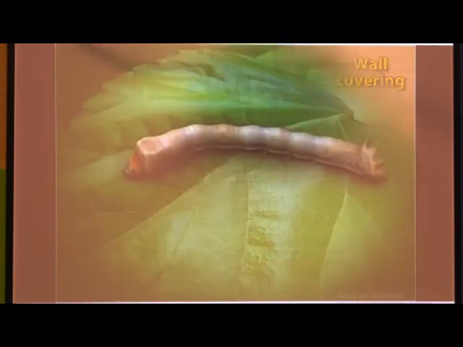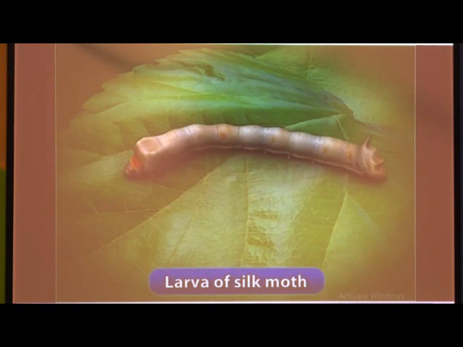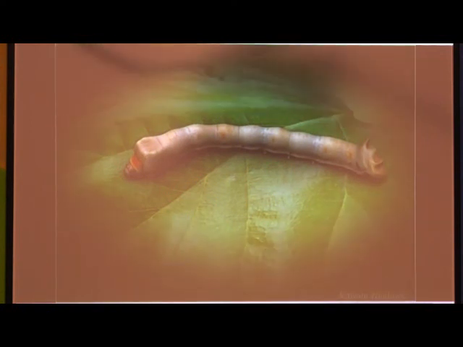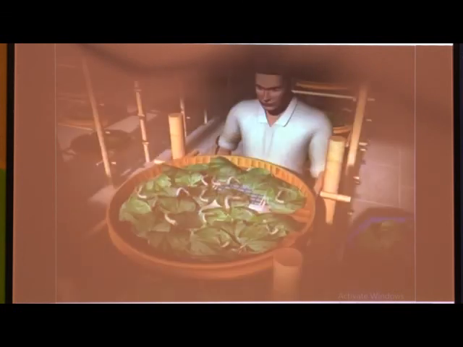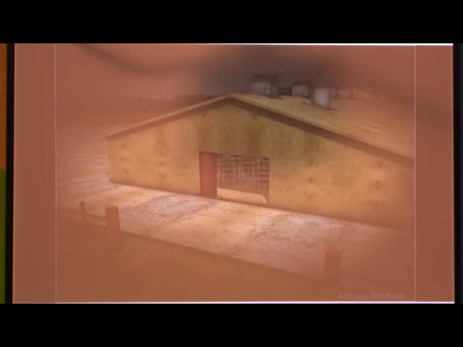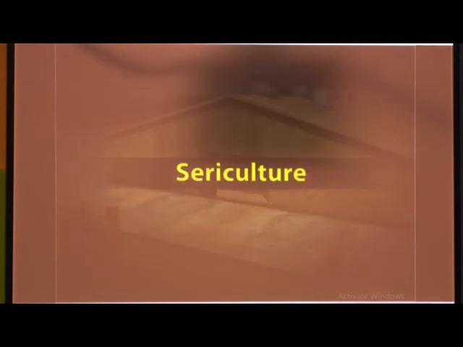Silk is produced naturally by the larva of the silk moth. The best variety of silk is obtained from the larva of the silk moth, Bombyx mori. The practice of rearing silkworms in captivity to produce silk on a large scale is called sericulture.